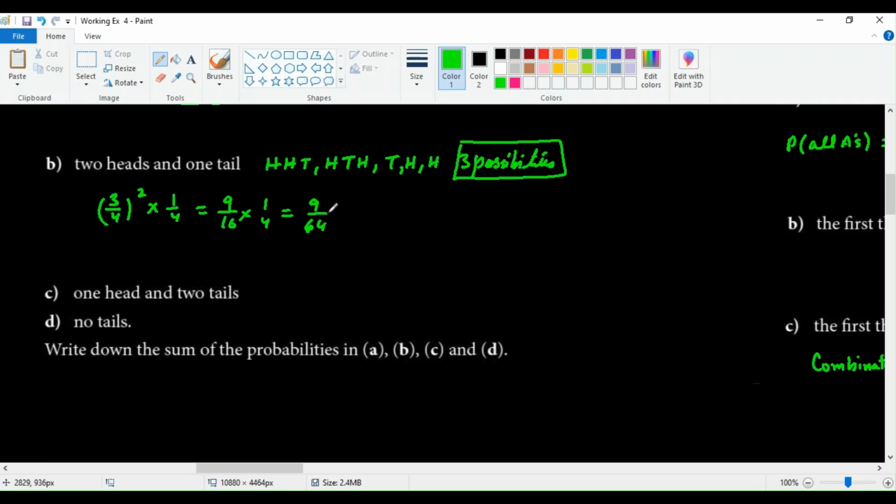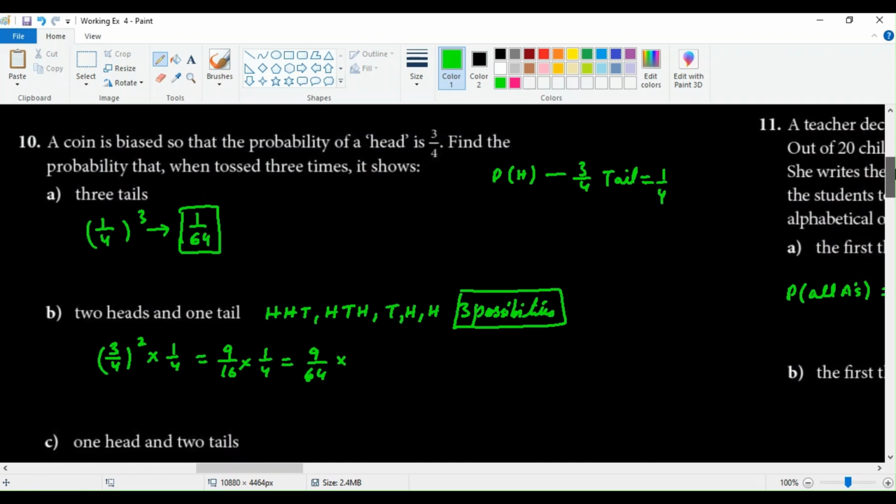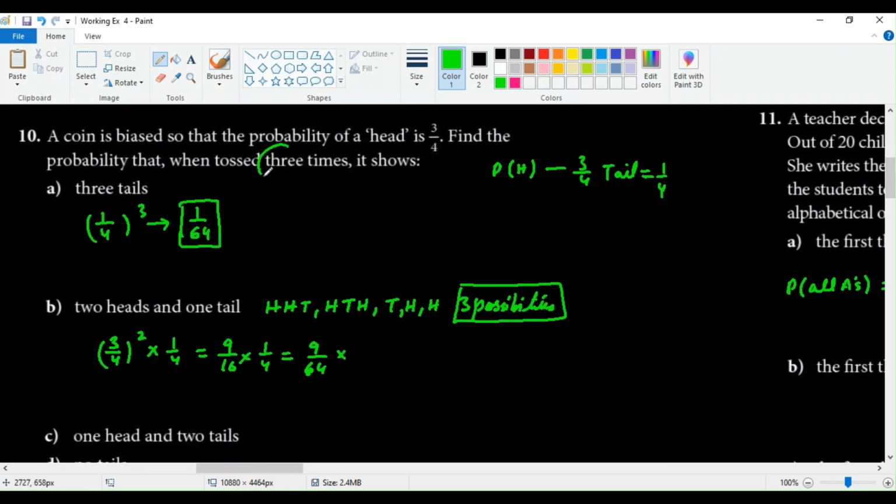Now since it has to be three different arrangements, as you can see in the question itself, three times, this has to be multiplied by 3. So this is going to give us 27 over 64 as the answer for this part of the question.